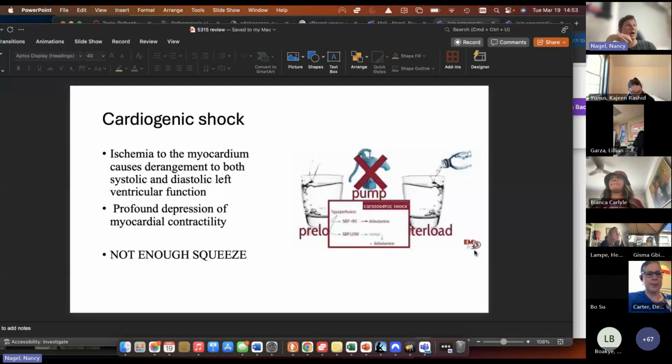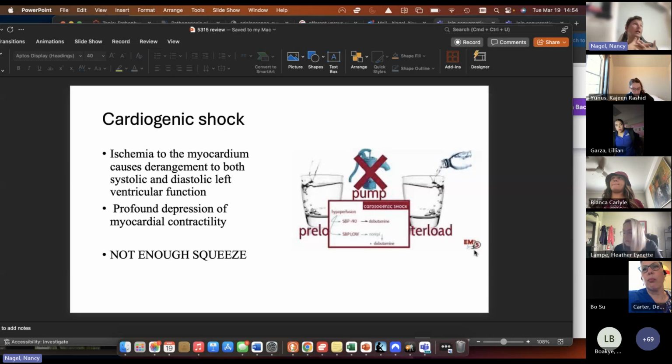So essentially, this is all about it being a pump problem. The question is, where's the pump problem? So why would you have cardiogenic shock? Any type of ischemia to the myocardium, that I like to think of as a stunning. It causes a stunning to the heart.